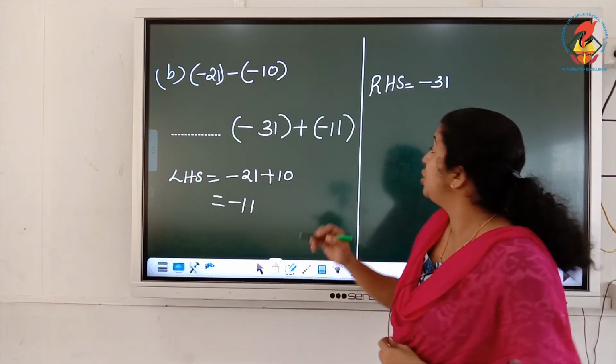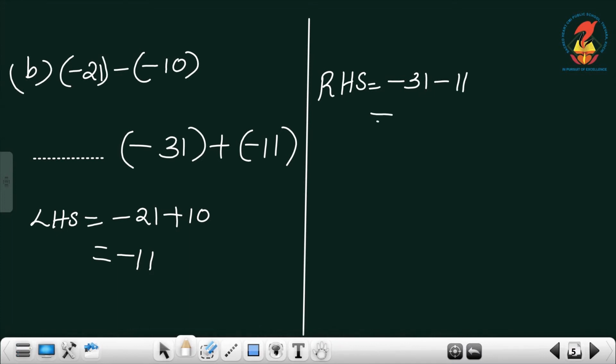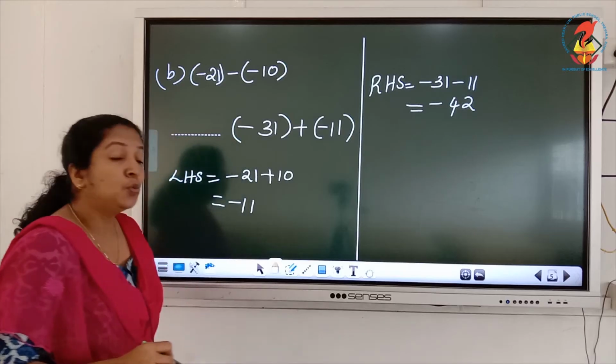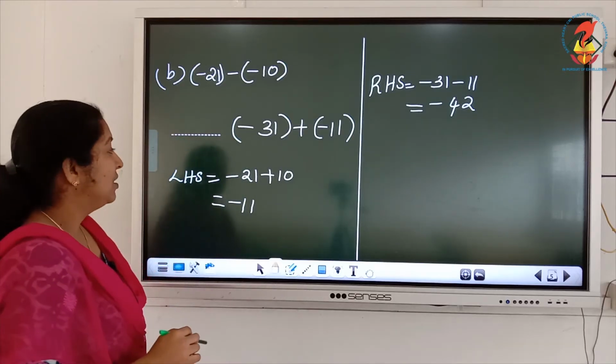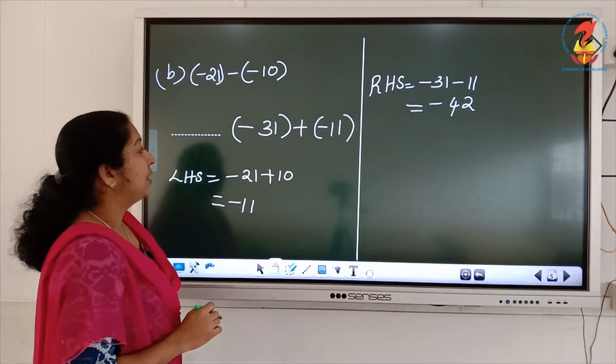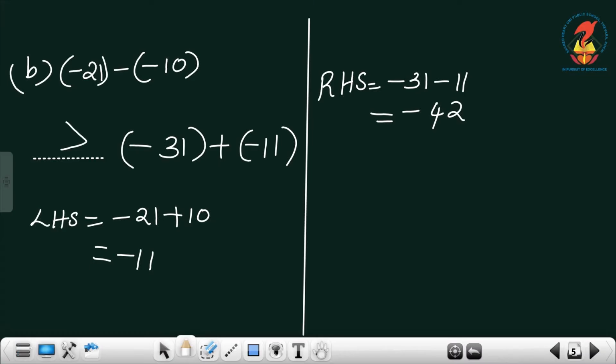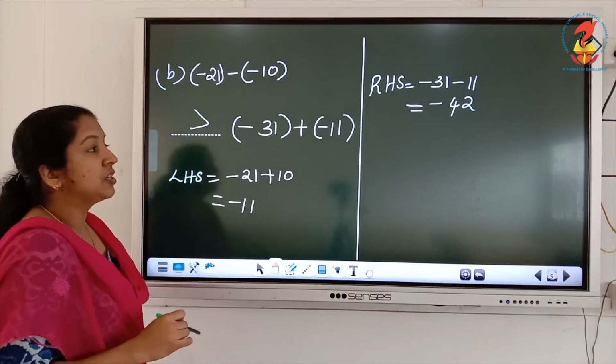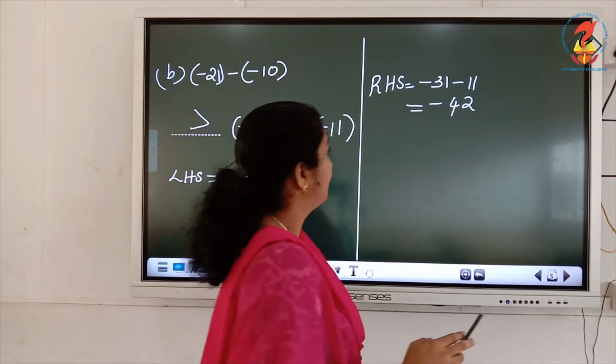So, it is negative, -11. So, it is equal to we have to add both. Minus 42. Which is greater here? Minus 11 is greater. So, we have to write like this. Minus 11 is greater than minus 42.